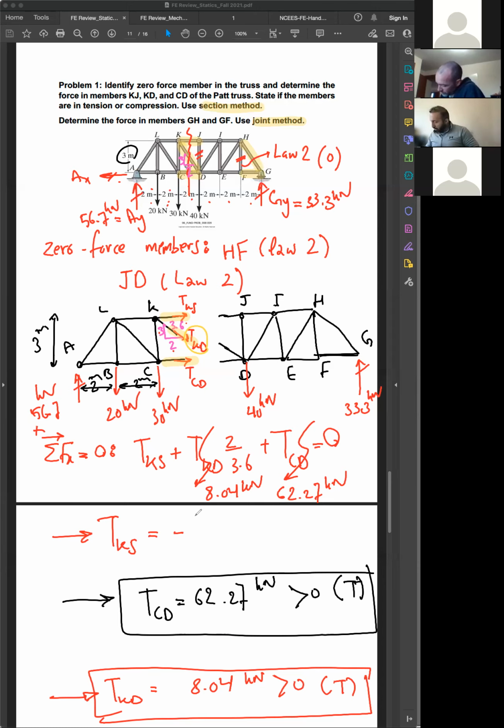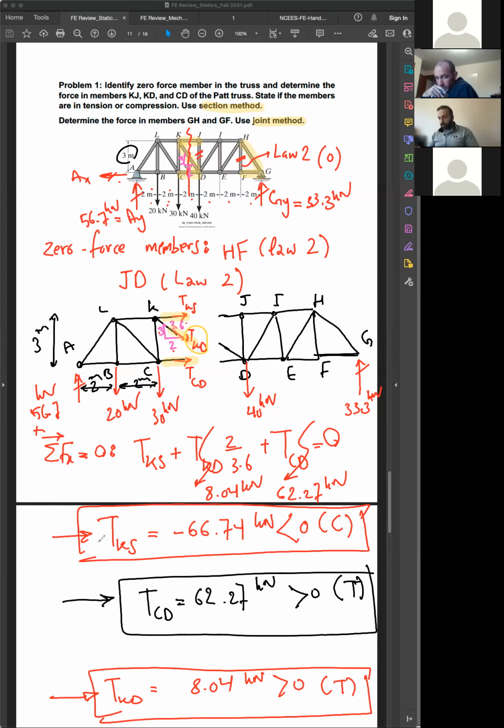62.27 plus 8.04 times 2 over 3.6, which would be 66.74 kilonewton, less than 0. So the member is under compression. All right.